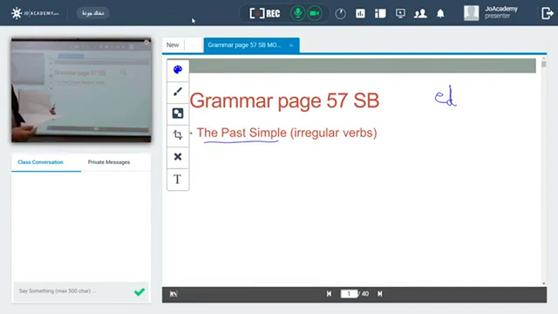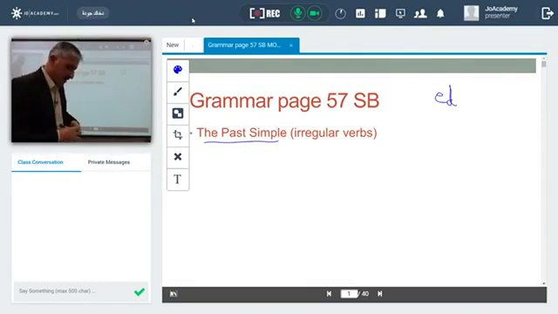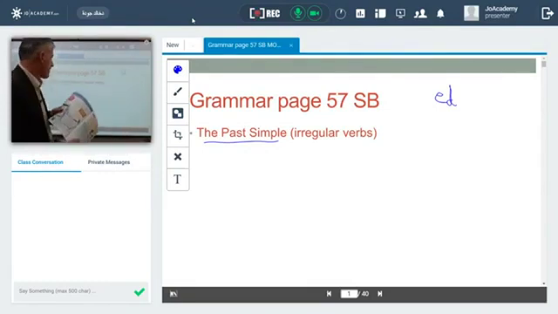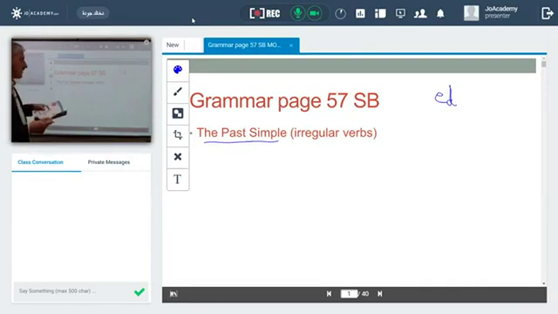When we answer some tense, we have to know the form of the verb. Is it past, or is it past participle, or is it present? So today we are going to talk about the past simple, the irregular verbs, and we have one exercise, page number 57. Okay, the irregular verb.